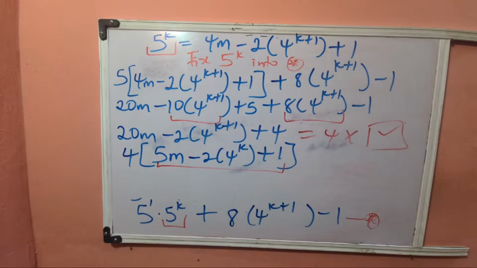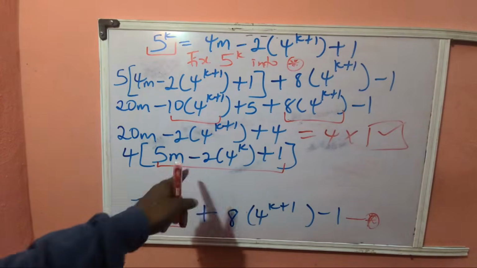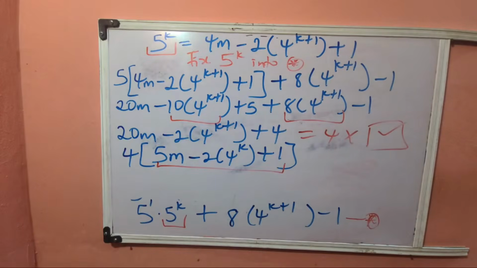Put m as maybe 60, maybe put k as maybe 8. Just put in something there, and you will discover that you will not get something that is not an integer. You will get an integer value.